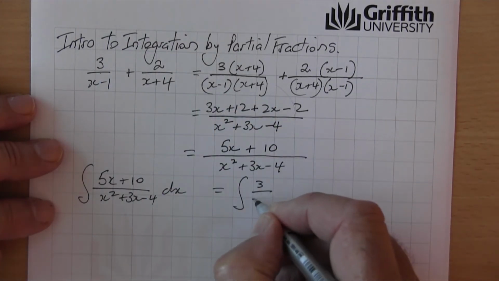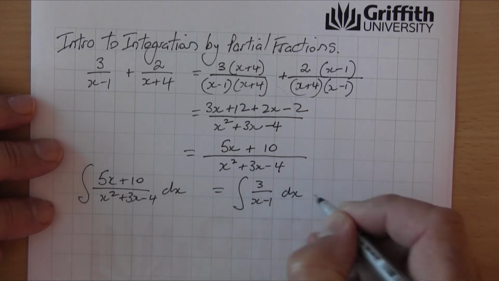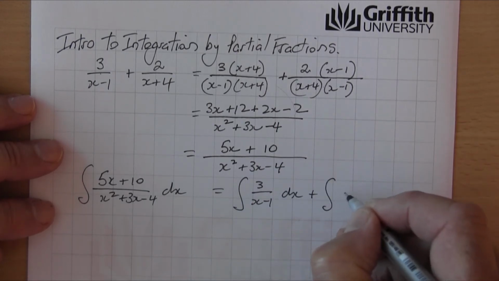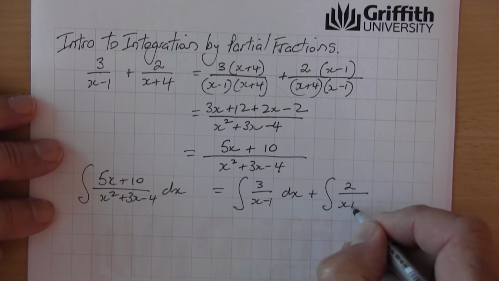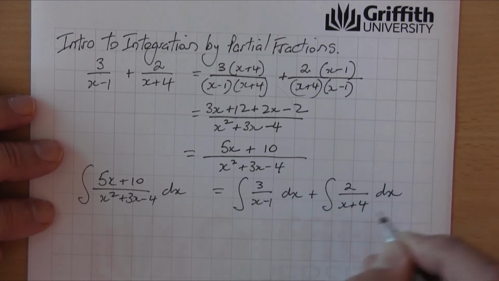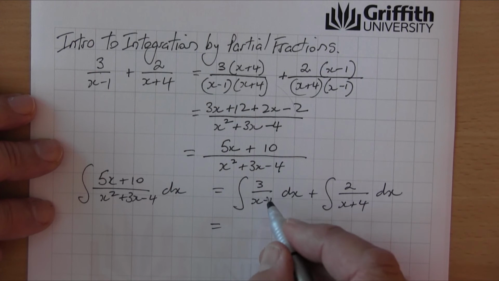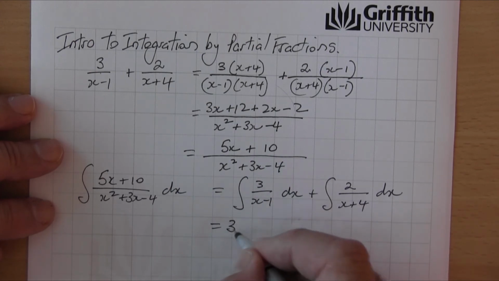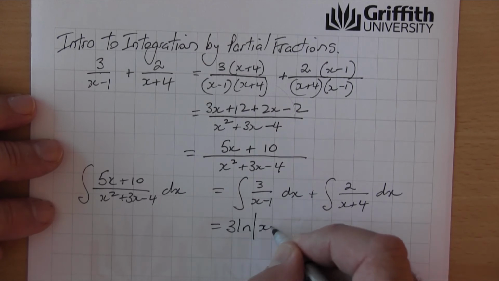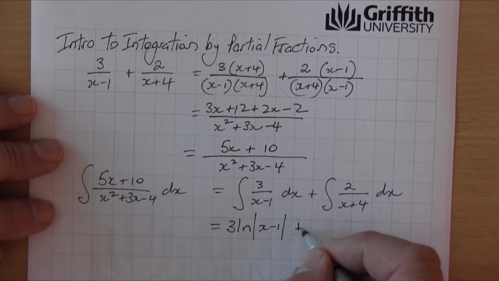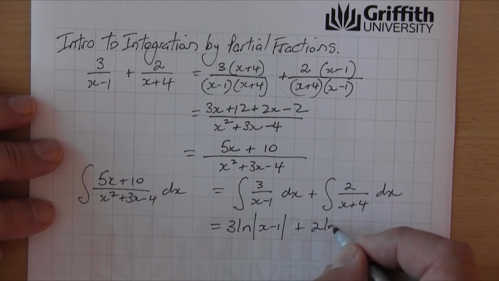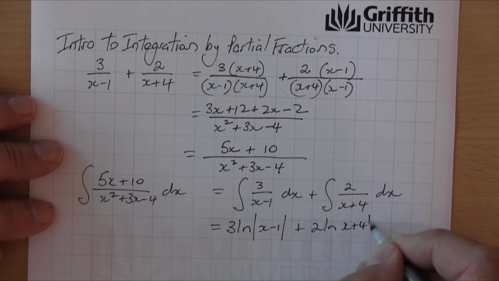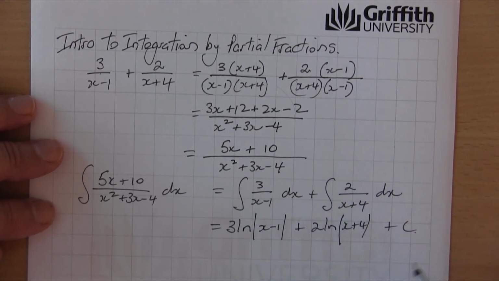And you can do the integral of the individual parts. And this is simply the integral of 1 over x minus 1 is ln x minus 1, so that'll be 3 ln the absolute value of x minus 1 plus 2 ln x plus 4 and plus our constant of integration.